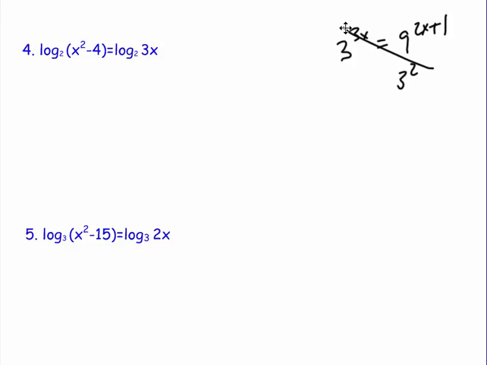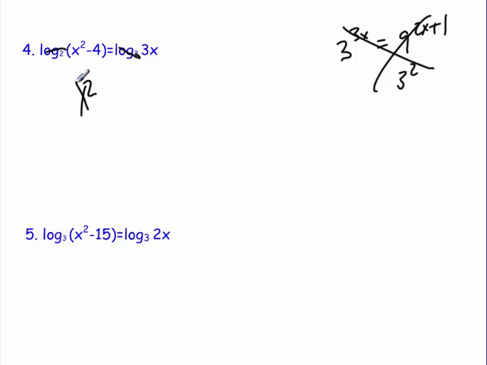That's the same thing you're doing here. If I have the same base on both sides, log base 2 here and log base 2 here, I can forget them, because I can raise them both to a power of 2, and it cancels them off.